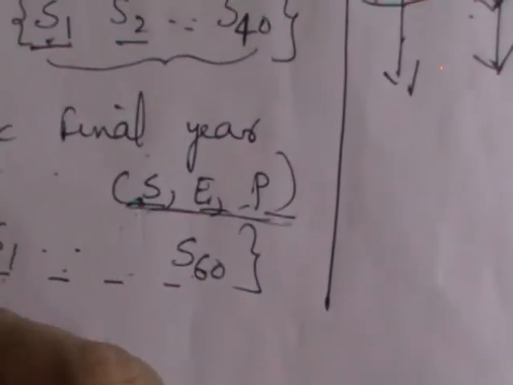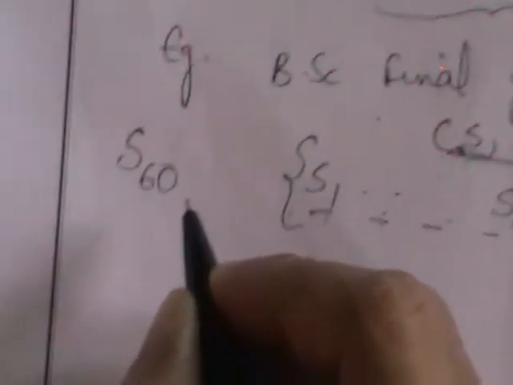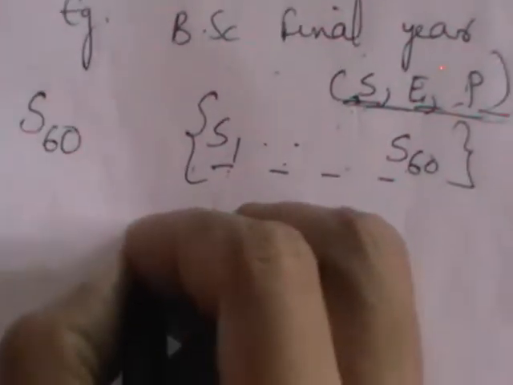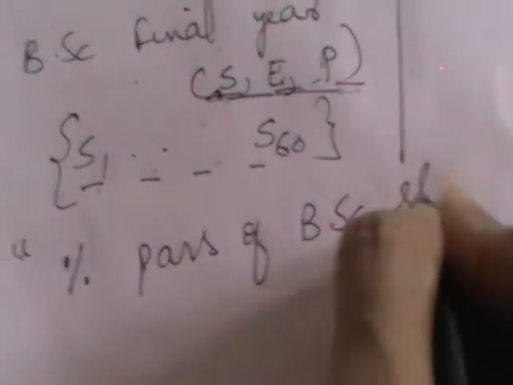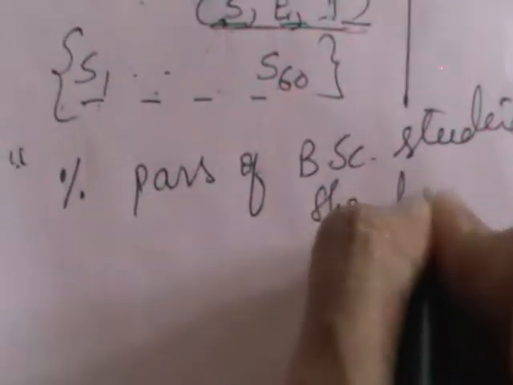Why are we treating one population as homogeneous and one as heterogeneous? Suppose the particular objective of this study is that I want to know the average pass percentage of BSc students from Shantiniketan college.